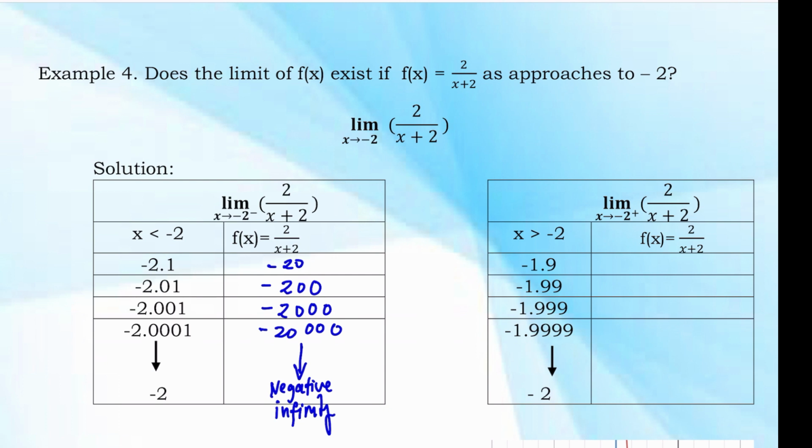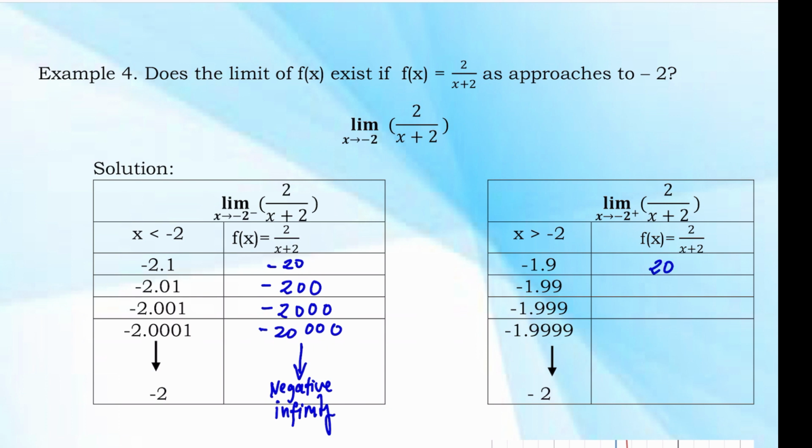Okay, evaluate the function using these. So substitute into 2 over x plus 2, using negative 1.9 for x. The function will become positive 20.